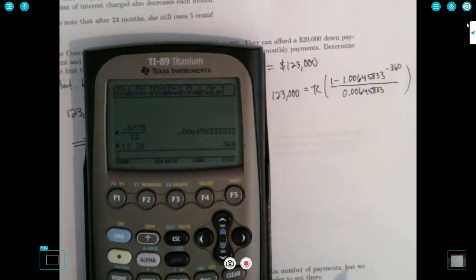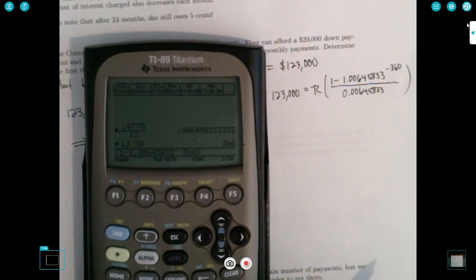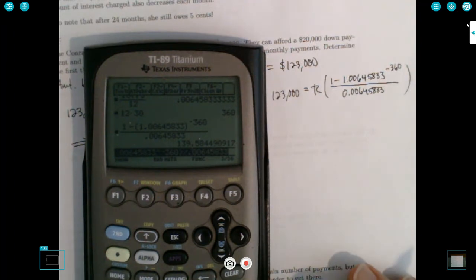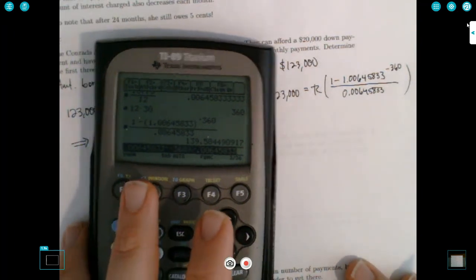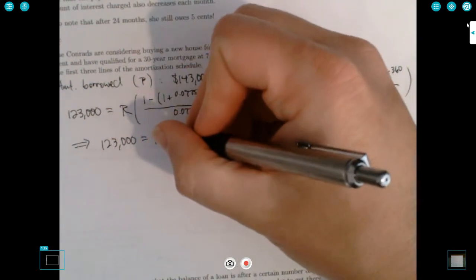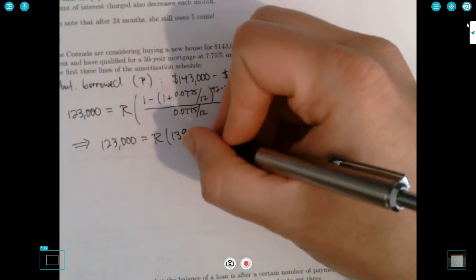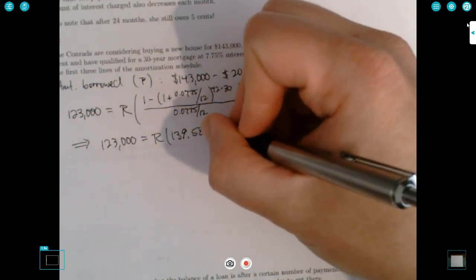So open parentheses, 1 minus 1.00645833 to the negative 360, close the parentheses around that numerator, then divide by 0.00645833. So I'm getting 139.584 and some change.